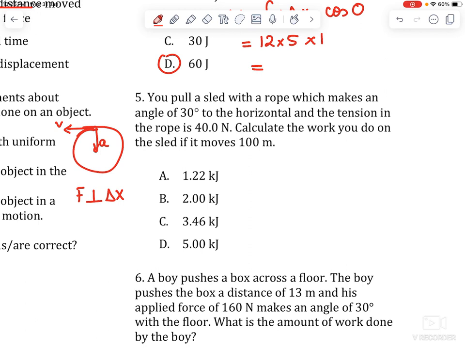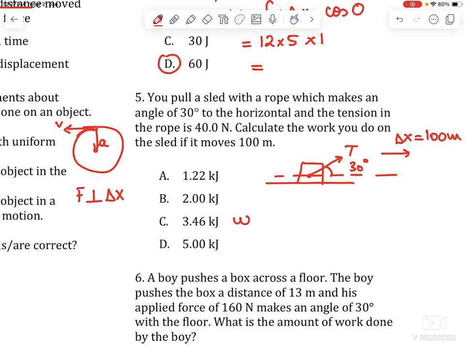Number 5. You pull a sled with a rope which makes an angle of 30 degrees to the horizontal, and the tension in the rope is 40 newtons. It moves a distance of 100.